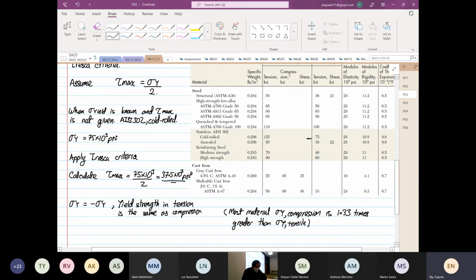Most materials. If not given, make the assumption that they are the same. Are we clear? Don't come and say I'm not given the value, I don't know.